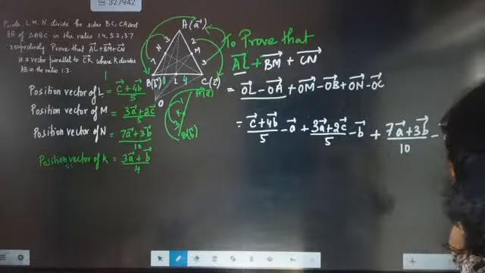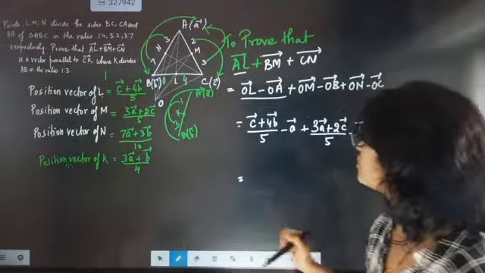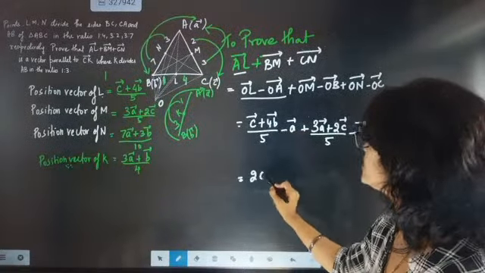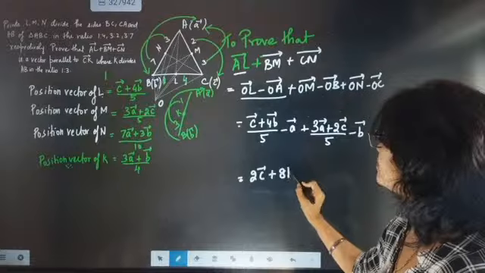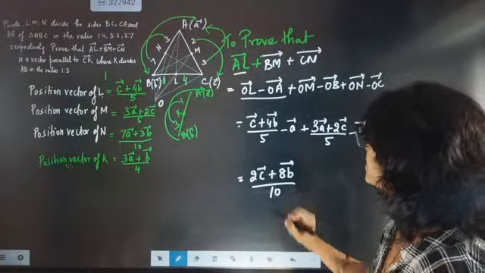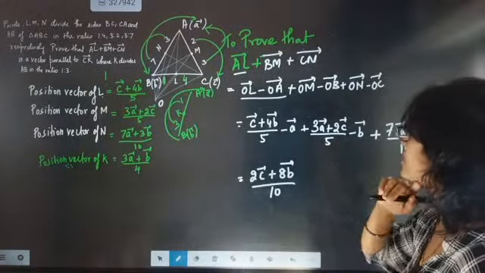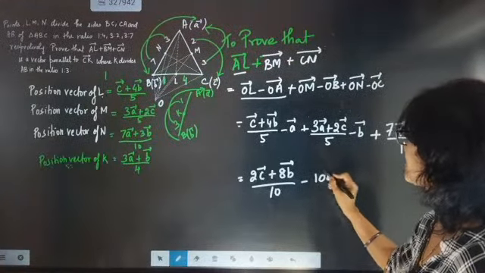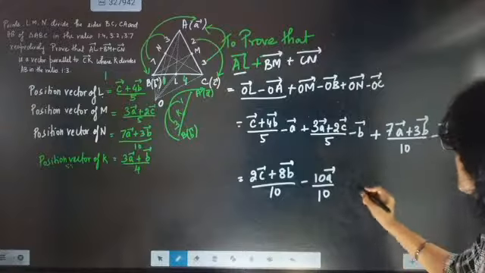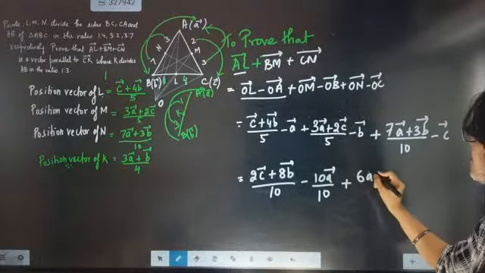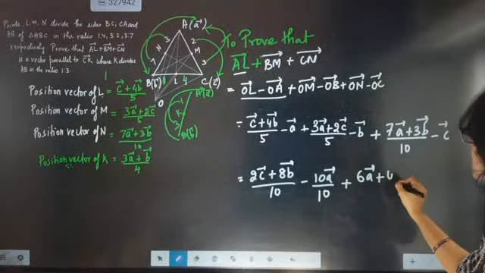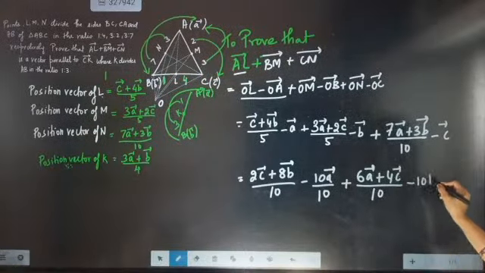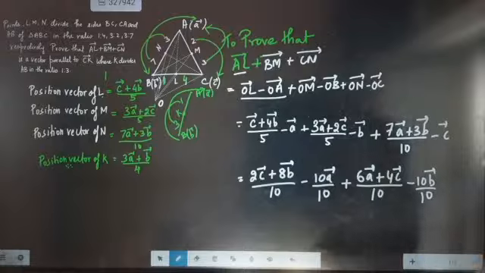So 5, 5, 10 is there. The shortcut method here is, if we multiply by 2, it becomes (2C vector plus 8B vector) by 10, minus 10A vector by 10. Now here 2 threes are 6A vector plus 2 twos are 4C vector by 10, minus 10B vector by 10.